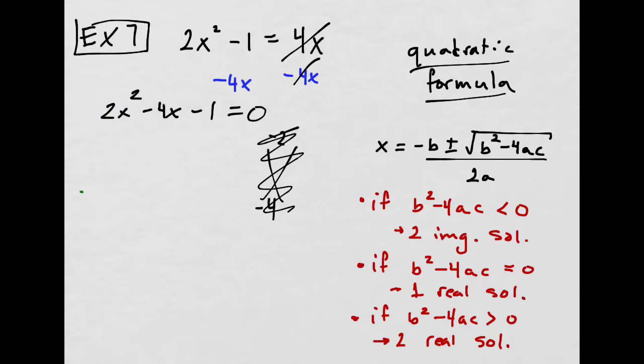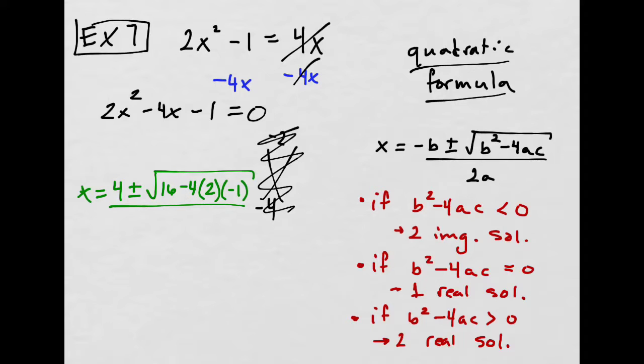So I'm going to say x equals the opposite of B, right? Negative 4 is just 4. Plus or minus the square root of B squared, negative 4 squared, is 16. Minus 4 times 2, that's A, times C, which is negative 1. Very good.